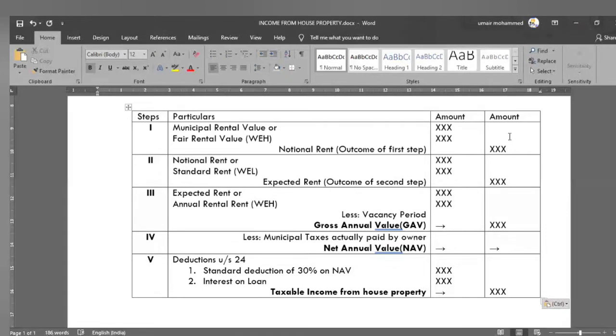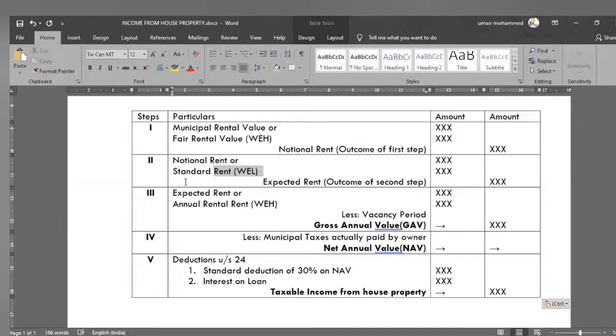In the second step, we compare the outcome of the first step, here it is notional rent, and compare this with the standard rent. Now, standard rent is the rent determined by the government under the law.